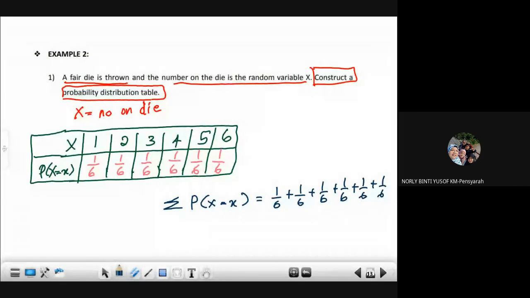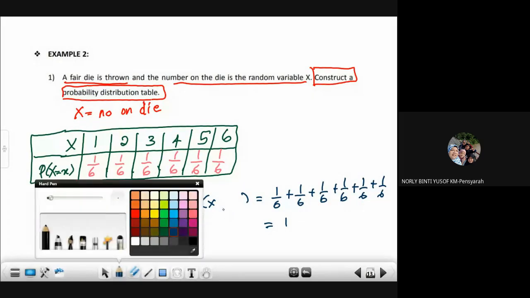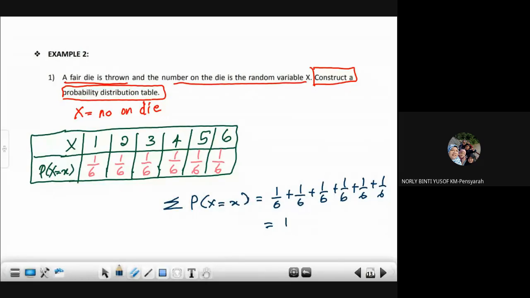Now you akan dapat 1. Atau bila nanti kalau dalam soalan dia bagi huruf, dia suruh cari tahu, total probability adalah 1. But you semak based on your outcome of your discrete x. Okay. So that is for number 1.